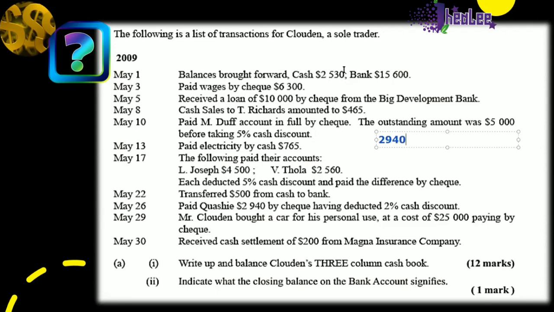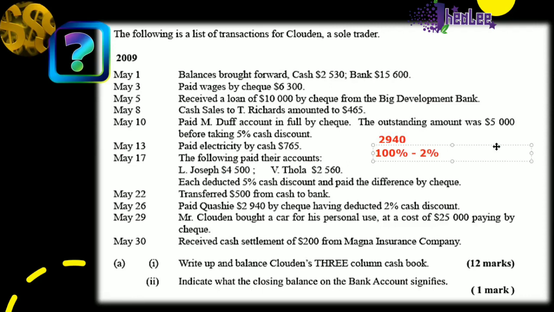The next thing, we are going to divide that by 100% minus the actual percentage discount that was taken out, which is 2%.